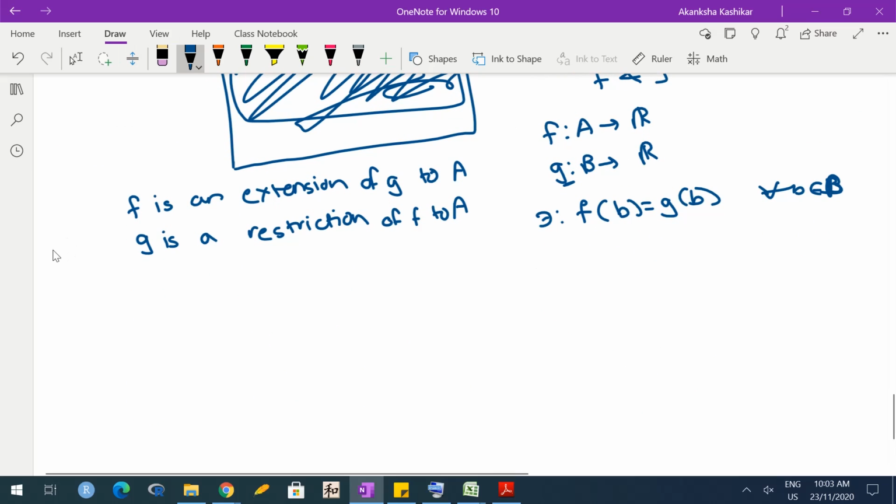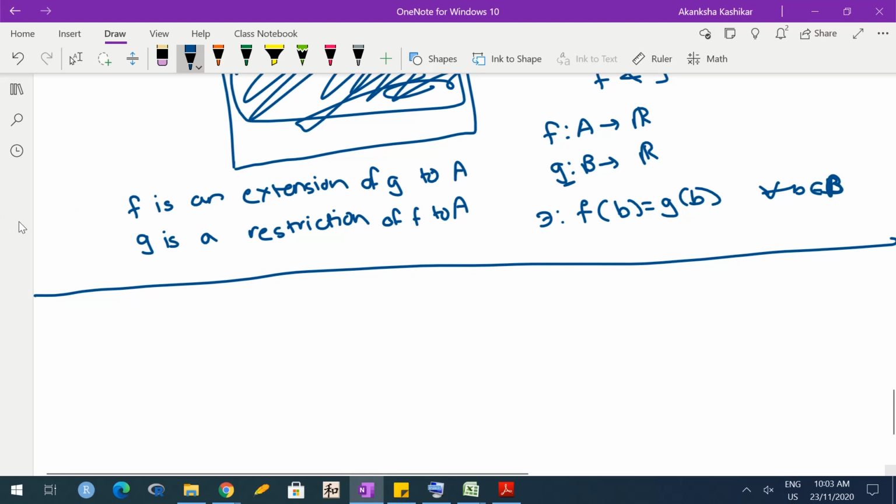Now we are going to use this while defining the CDF of any random variable, or constructing a random variable which has that particular CDF. So we need two results.